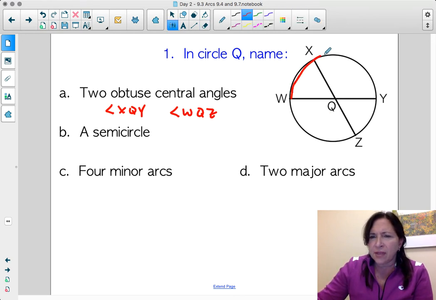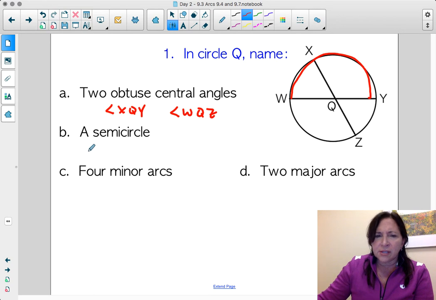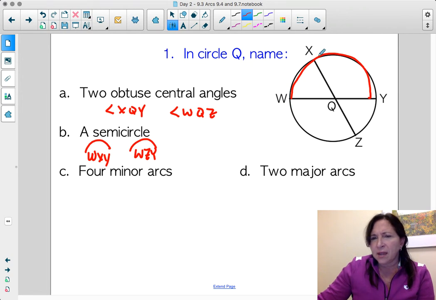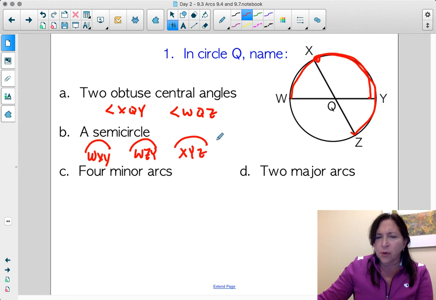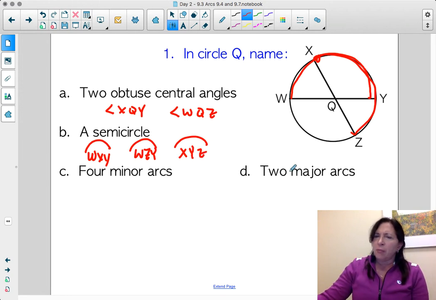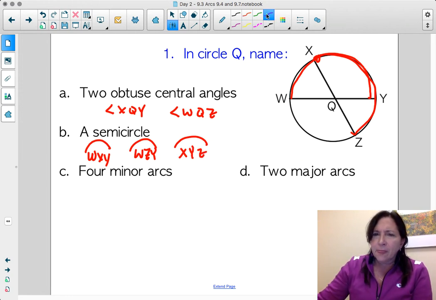We could say this right here, which is arc WXY. We could also say arc WZY, and we also could say arc XYZ.